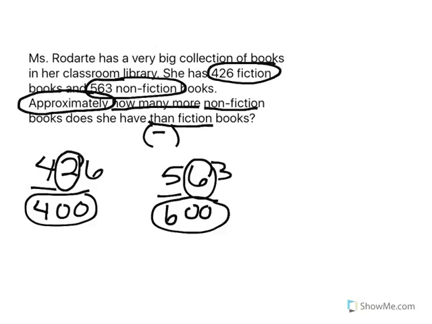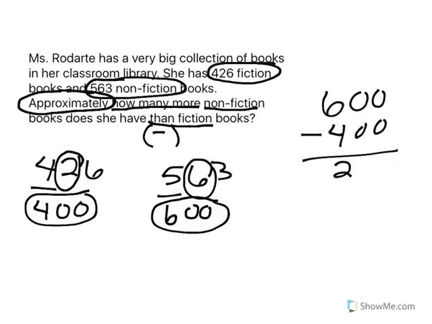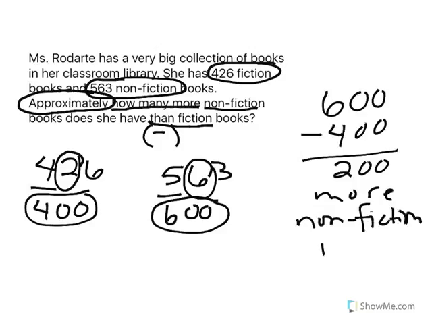I want to know how many more nonfiction books there are than fiction. I have 600 nonfiction books, and I'm going to take away the 400 fiction. 6 minus 4 is 2. That tells me that there are 200 more nonfiction books.